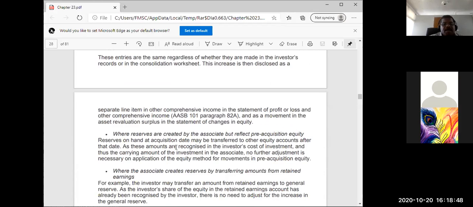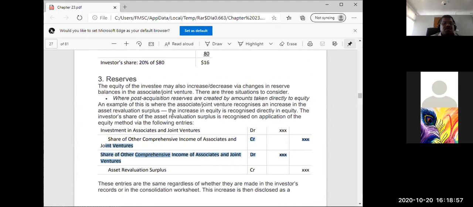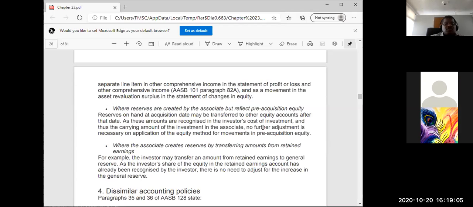Okay. The second situation is where reserves are created by the associate that reflect pre-acquisition equity. The first was post-acquisition; this is a pre-acquisition equity increase. So that you will consider when calculating the cost of investment. Here, reserves on hand at acquisition date may be transferred to other equity accounts after that date, as these amounts are recognized in the investor's cost of investment, and thus the carrying amount of the investment in associate.